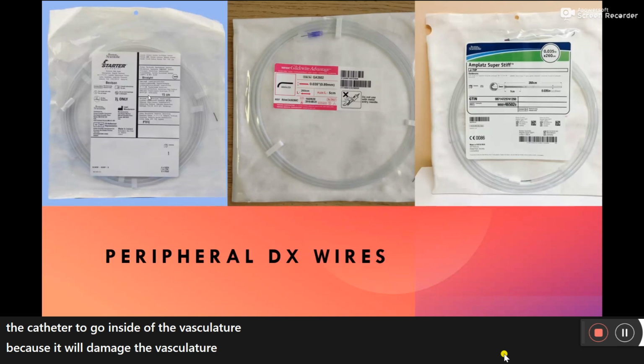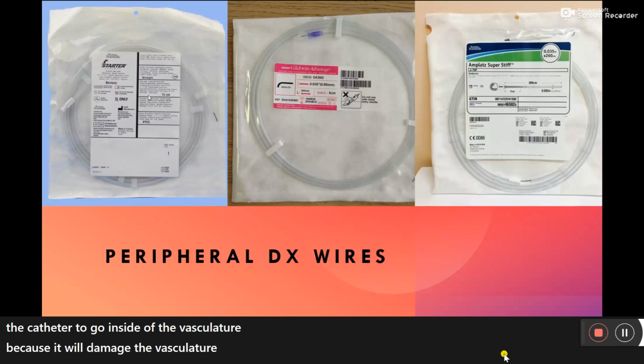The glide wire advantage. The glide wire is a .035 wire that has a hydrophilic coating on it. So when you get it wet, it's super slippery and slick, and you may have to use a dry gauze or something else to help you get control of that wire because of that hydrophilic coating.